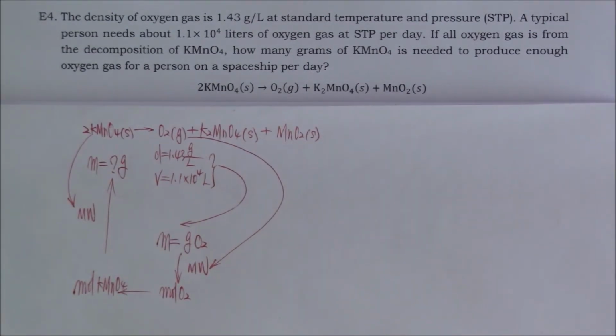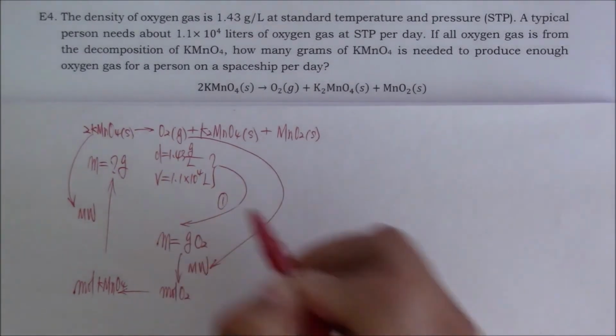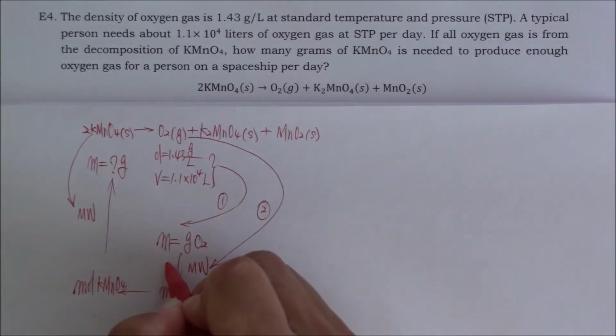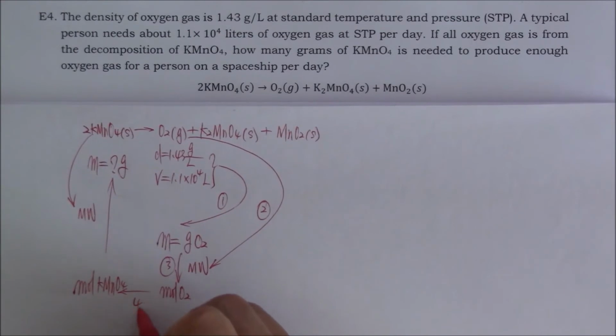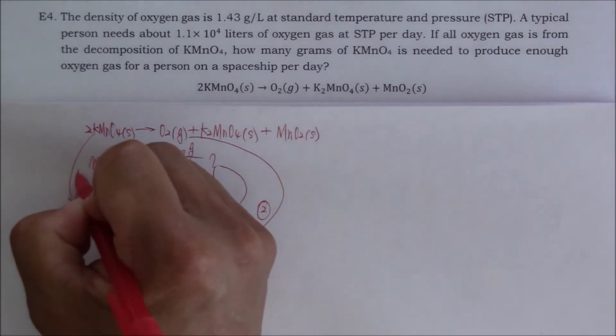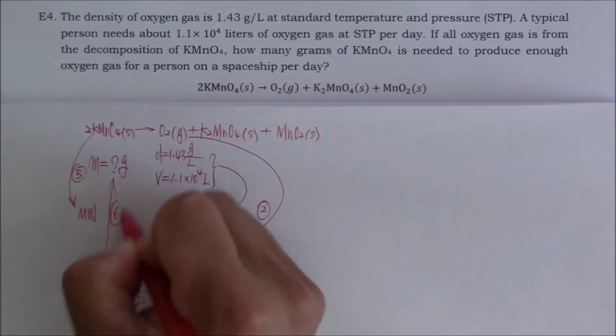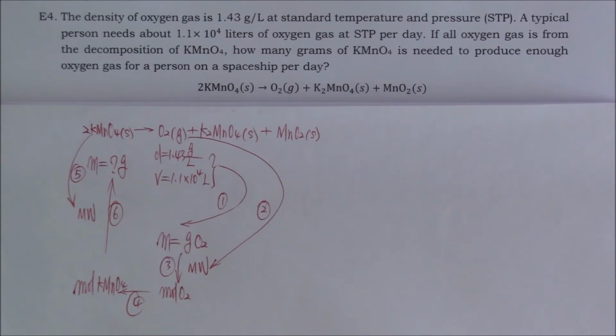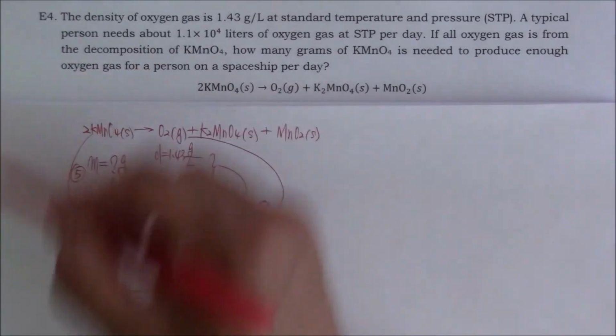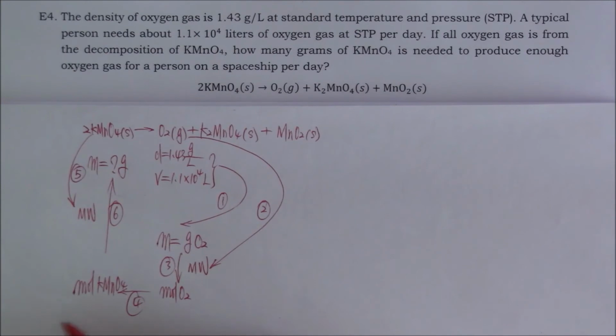Now let me label the steps. Step 1, Step 2, Step 3, Step 4, Step 5, Step 6. Well, in its genuine sense, only Step 4 is called stoichiometry. But it doesn't matter. Most of the problems will look like this one. It's not a single step conversion.